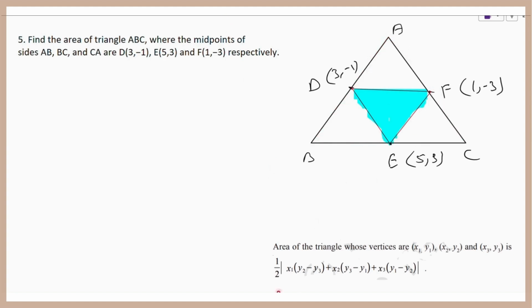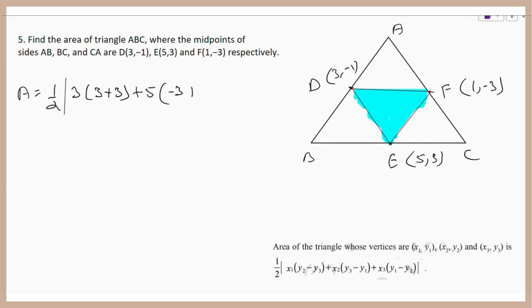So now we are going to find the area of triangle DEF using this formula, where I'm going to take this as 1, this as 2, this as 3. So the area is equal to half the modulus of x1, well x1 is 3, and then y2 minus y1. So it is 3 minus minus 3, that is positive 3, and then plus x2, x2 is 5, and then y3 minus y1.